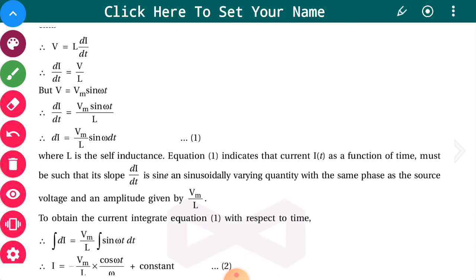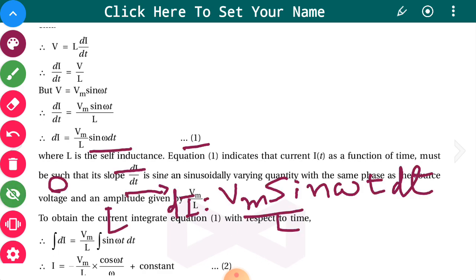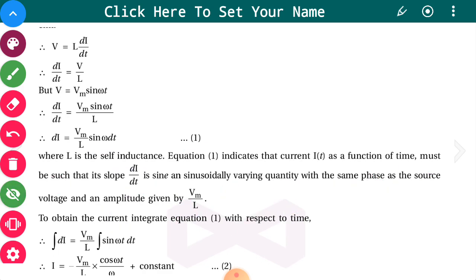Now here, if you want to integrate this di, L is the self-inductance. This is our equation number 1, which indicates that the current, that is I of t, the current at any time t, depends on time as a function of time, because it is sin omega t.